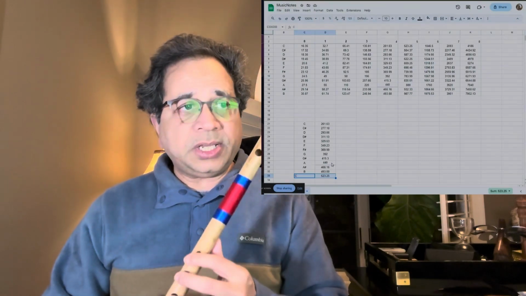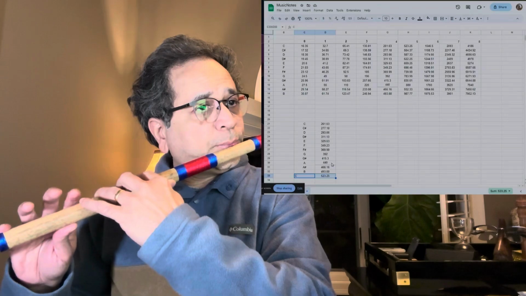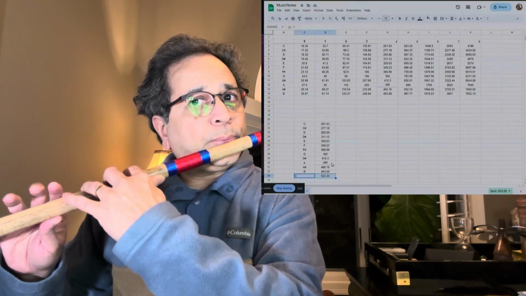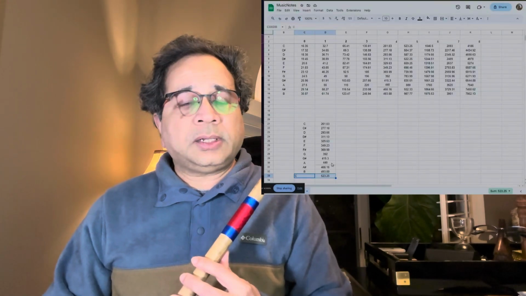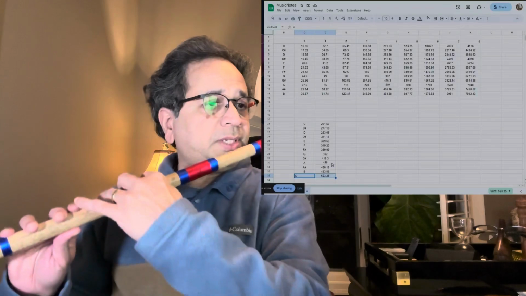So this is our C on the lower octave. And then the same C, same note in the higher octave, immediately next higher octave.